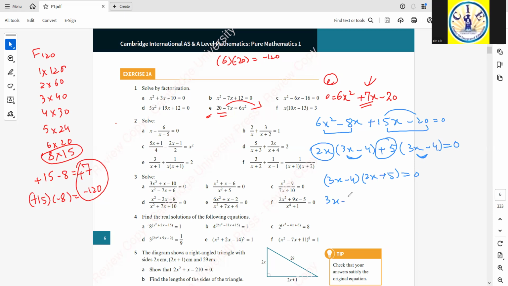So either 3x minus 4 equals to 0 or 2x plus 5 equals to 0. So in this case, we are having x equals to 4 by 3. And in this case, negative 5 by 2, which is negative 2.5. And this is 1.33.